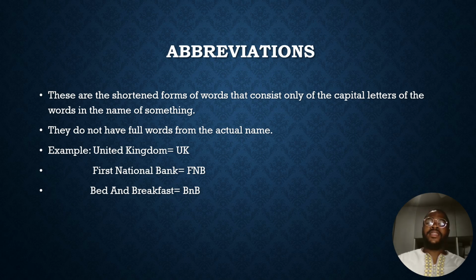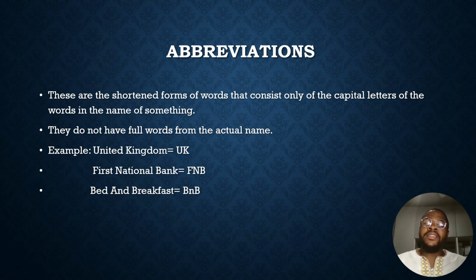When we have the name of something as a sentence, we take every first letter of each word, we combine them together, and we create one abbreviated word, which is very short, which we can use to call that particular thing. We do not use the full words from the actual name. We just put the first letters of each word.